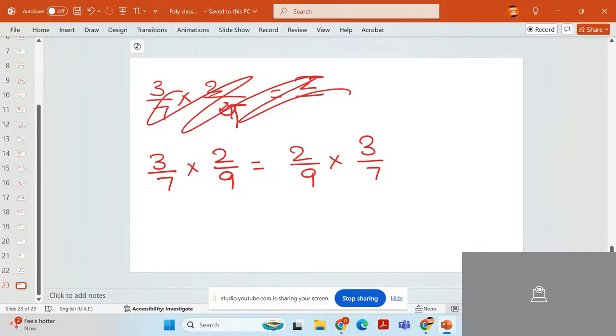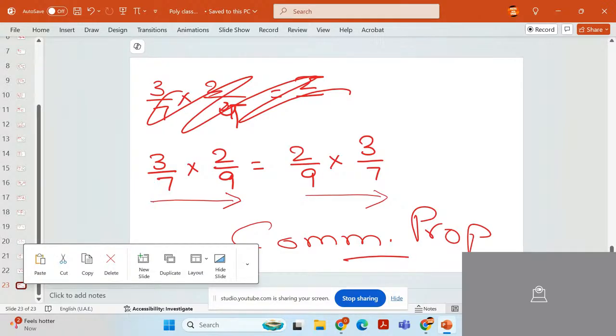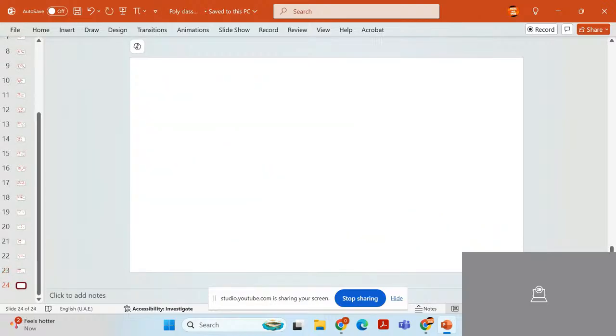What we have done here: on the left hand side we have multiplied in one order, and on the right hand side we multiplied by changing the order. So what is this property called as? It is called as commutative property. Understood?